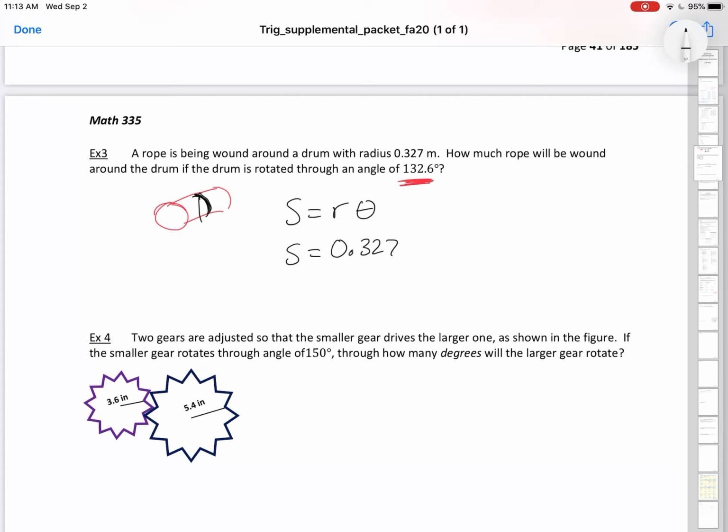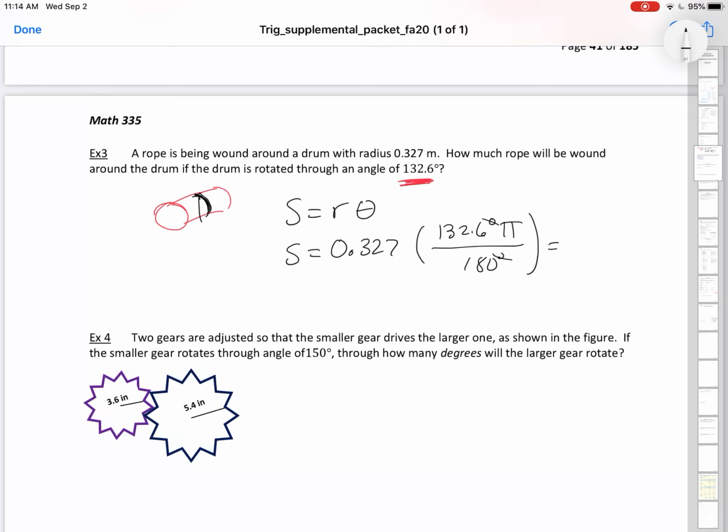0.327 of a meter. And its angle is 132.6 degrees. So they're giving everything kind of in degrees, it seems like. Well, that's the most amount of work, so that's good that we're practicing with it. And what we end up with is an arc length all in terms of meters. So if I take 0.327, multiply by 132.6 times pi divided by 180, just doing that calculation with you, we get 0.7567.